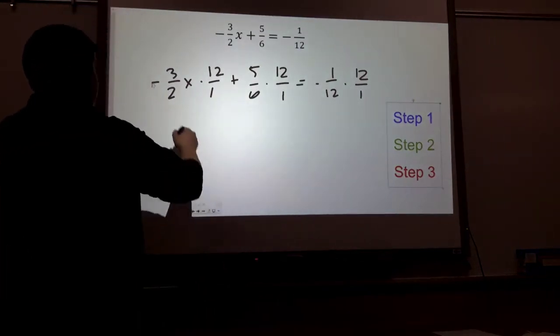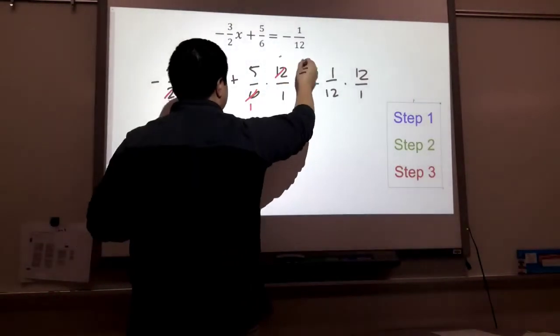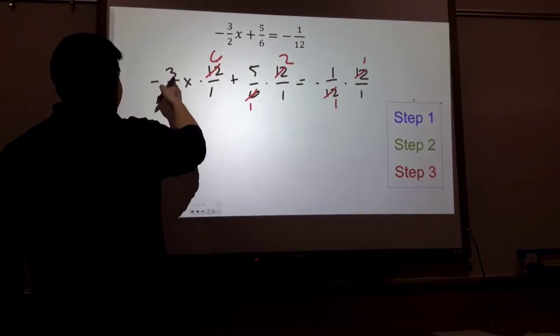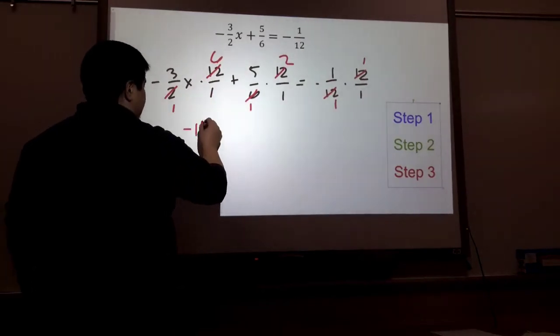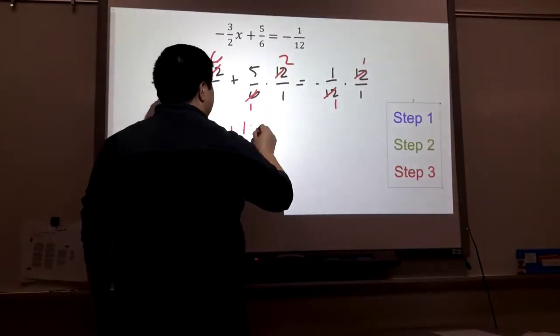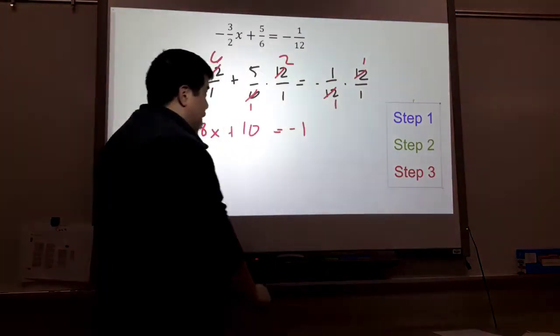Again, we're going to cross cancel, so this is a 1, this turns into a 6, 1 turns into a 2, 1 and 1. So this is going to be negative 3 times 6, which is negative 18x, plus 5 times 2, which is 10, which equals, these all cross cancel out, so we get negative 1.